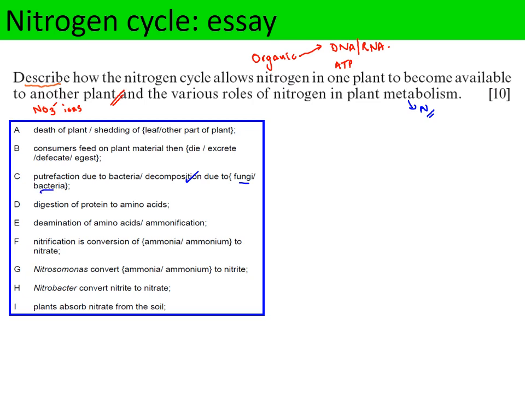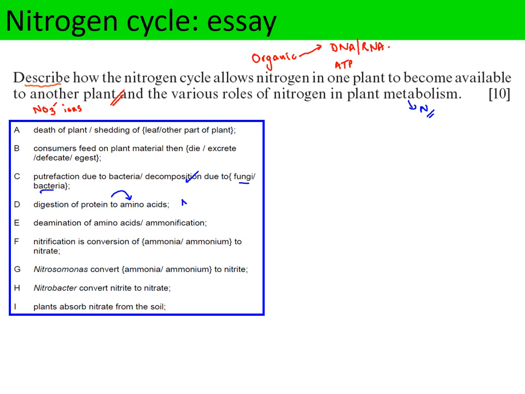And we can again talk about extracellular digestion. We can start to talk about some of the organic nitrogen molecules that get hydrolyzed by these digestive enzymes. So proteins hydrolyzed to their subunits, amino acids. We could even mention deamination of amino acids, because we know this type of reaction is needed to remove the nitrogen from the amino acid.